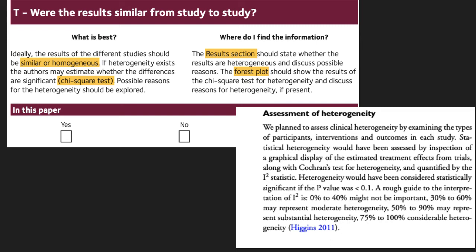But we should concentrate on the clinical homogeneity. We should assess the included studies to see if they have the same methodology, the same inclusion criteria, and the same results. The studies should be similar clinically in the intervention.